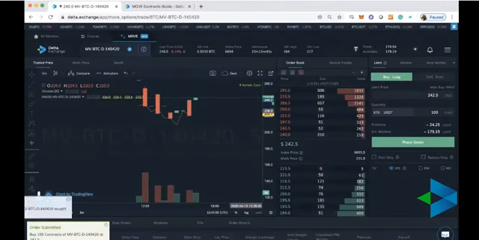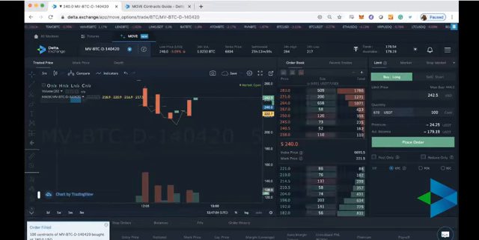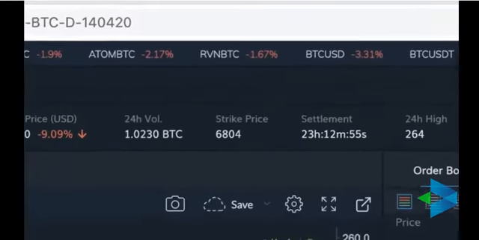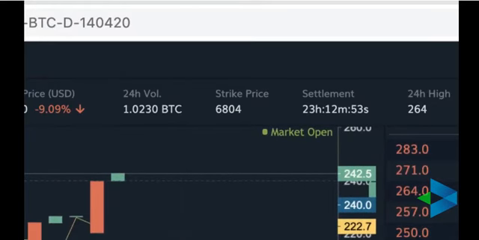Immediately upon placing the order, your premium will be deducted from your account, and this will go towards the short seller. Now it's important to pay close attention to the strike price of the contract. The strike price, which we see here at 6,804, is basically the starting point of the contract and the point to which the premium is added.